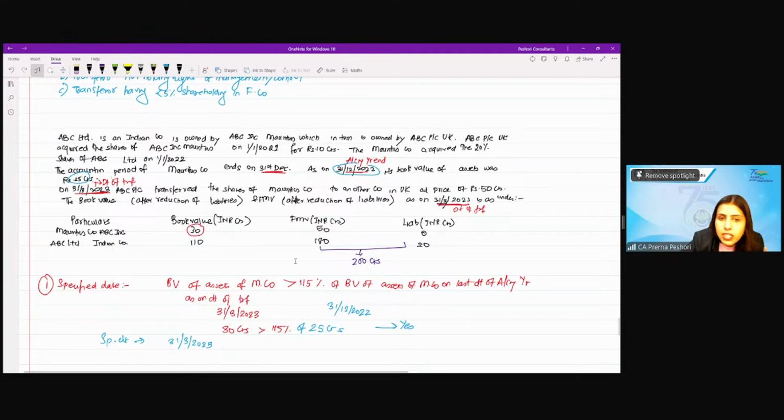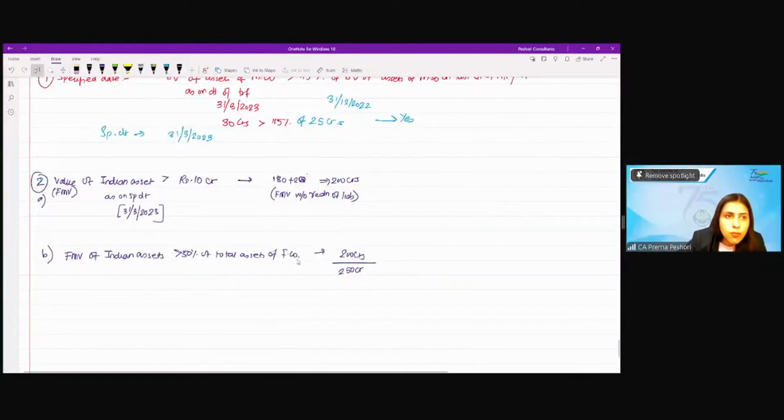So this is not 250, this is 50, because 50 already includes the FMV of the Indian assets also. So this is 20%, so this will be 40 crore divided by 50 crore, which will be equal to how much?